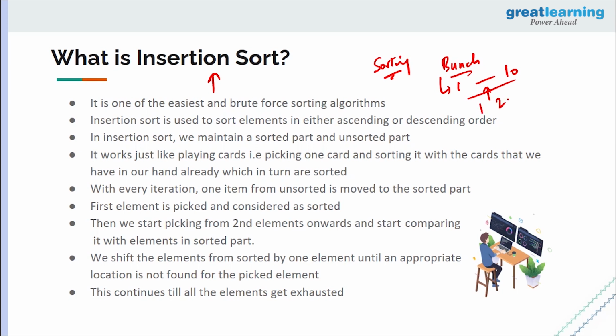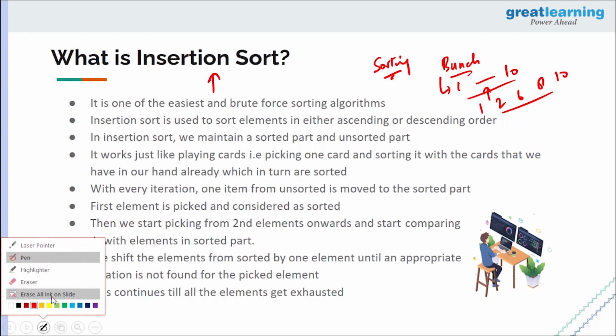Let's suppose 1 is there, 2 is there, then 6, then 8, then 10. So the rest of the roll numbers I can easily depict as the ones which are either not there or absent. In order to do so, we have these sorting algorithms in the picture.